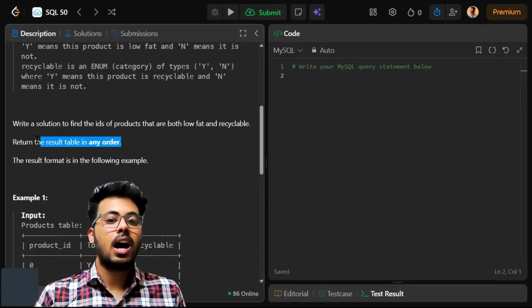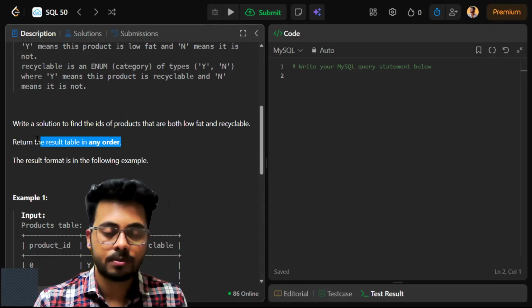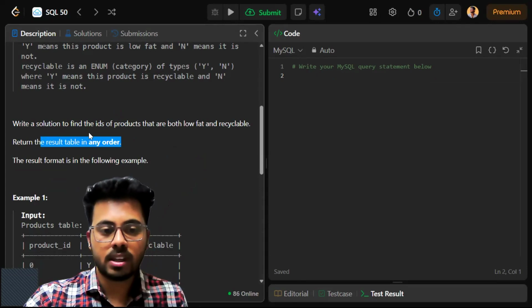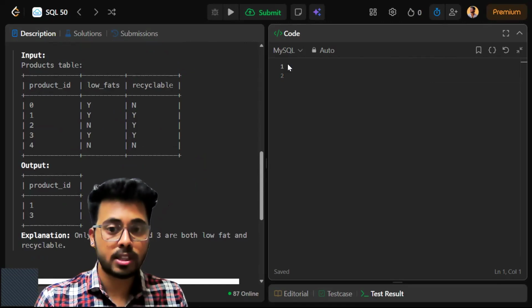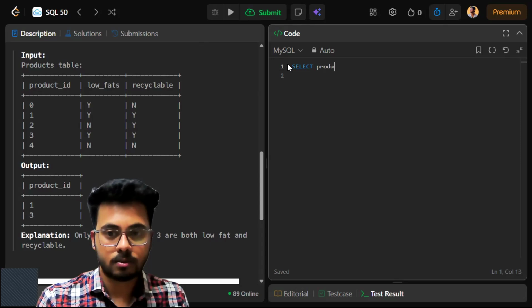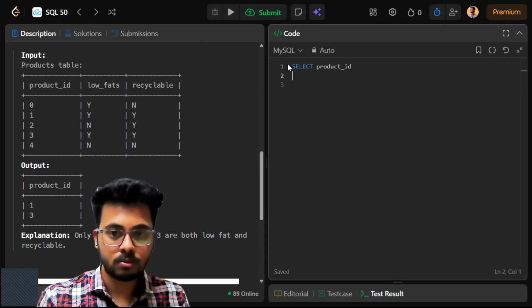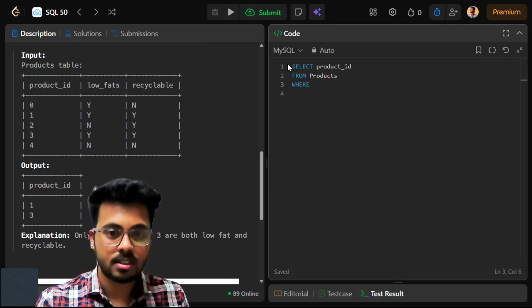So now let's see how we can solve the same problem with the help of SQL. Let me go to the editor and start writing the code. Today I need to select product_id from Products where we have two given cases.